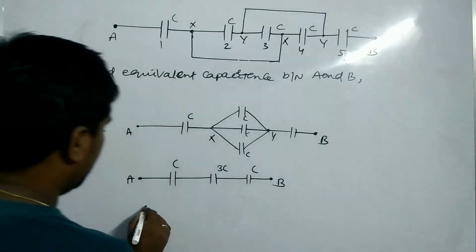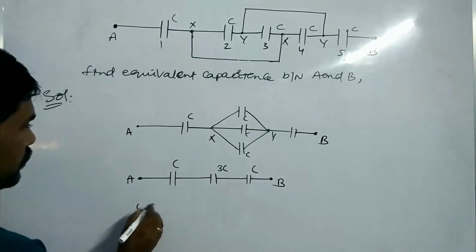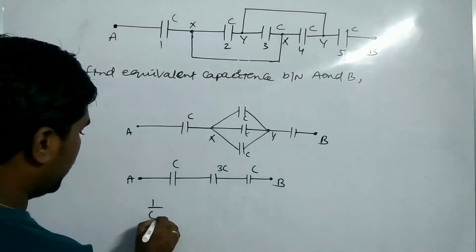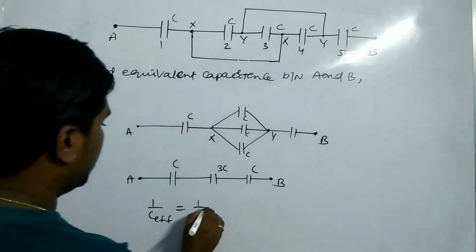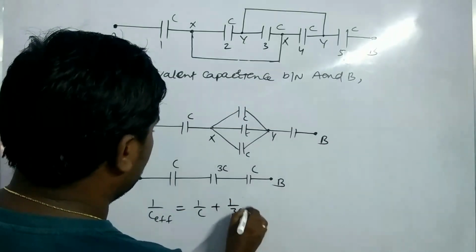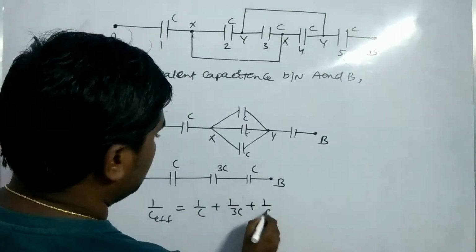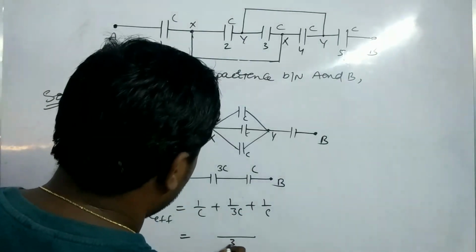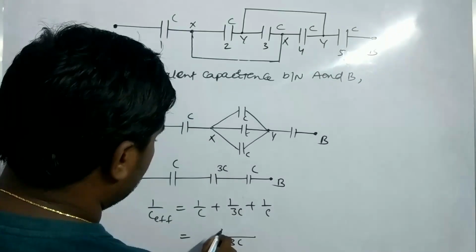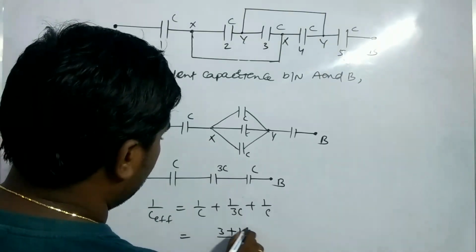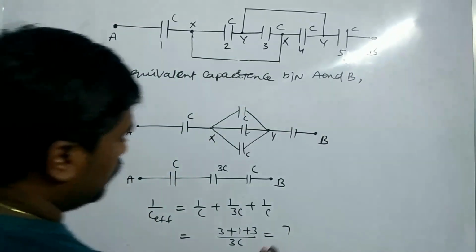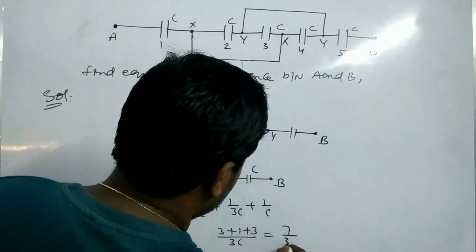In series combination, 1 by C effective equals 1 by C plus 1 by 3C plus 1 by C. 3C is the LCM, so it is 3 plus 1 plus 3, which is 7 by 3C.